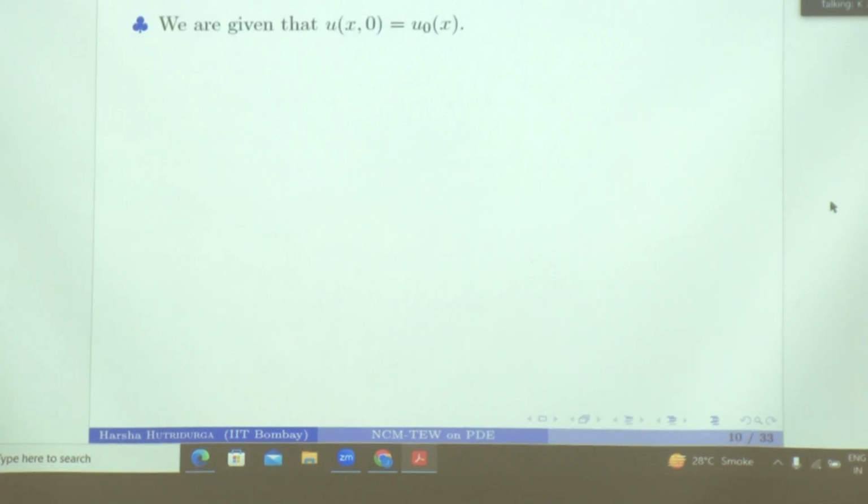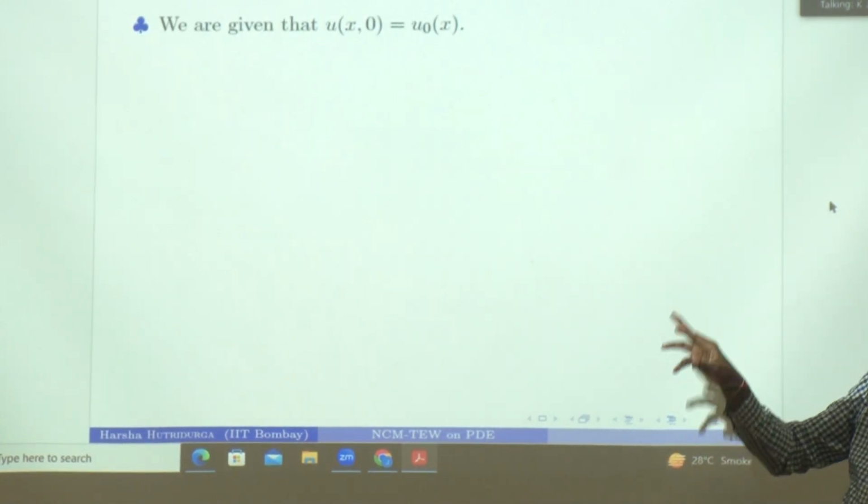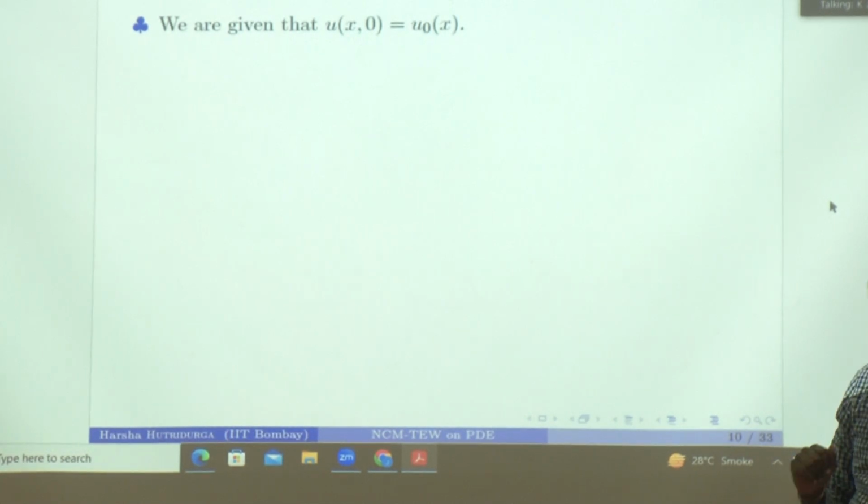Okay. So let's use the first data. u of x comma 0 is u0 of x. Okay? We have just shown this thing, right? u of x comma t, let me take my luck with this.